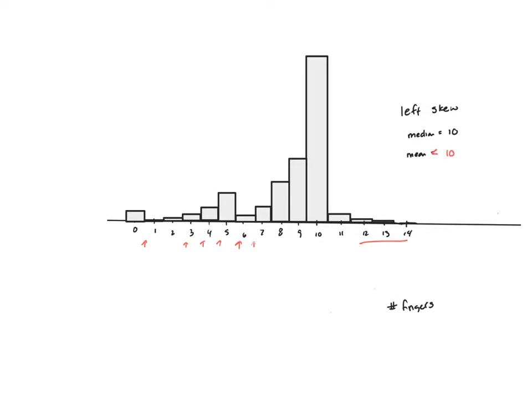And that's because these lower numbers here are going to pull that mean down. That is, my mean will be somewhere over here, while my median will be right here. And what this shows us is my mean is going to be less than my median in this case. And that's because those numbers over on that left side are dragging the mean down. That is, my mean is going to be less than my median anytime I have a left skew.